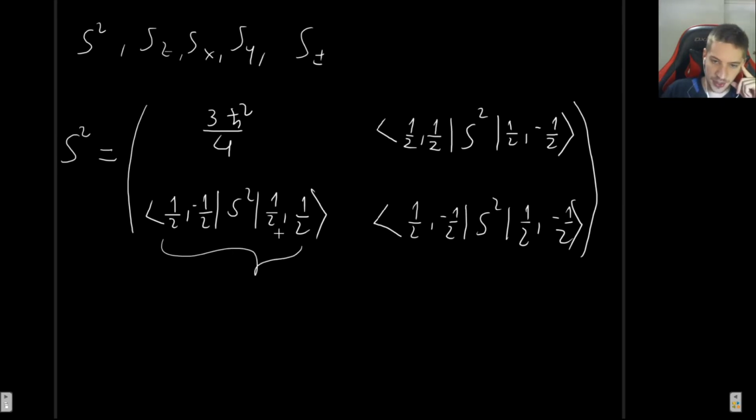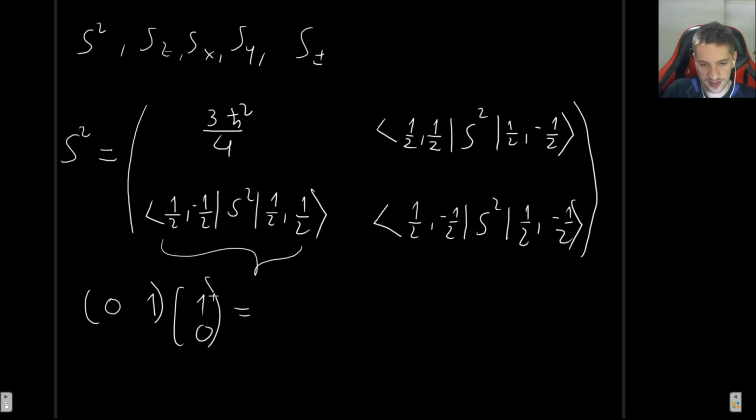And now here we are also going to get 3H bar squared divided by 4, but now the inner product, what is this going to be? This is now the down state. So this is 0, 1 times, and this is the up state, 1, 0. So this is 0 plus 0.